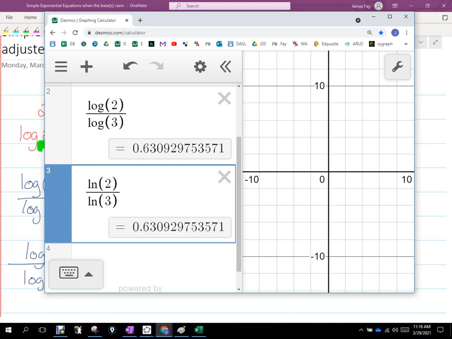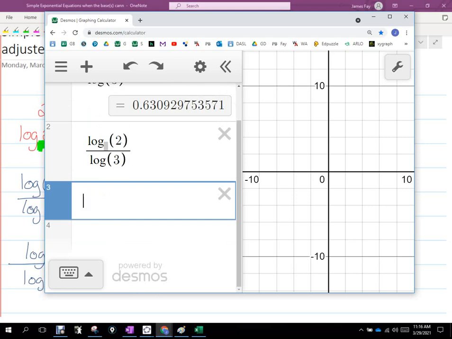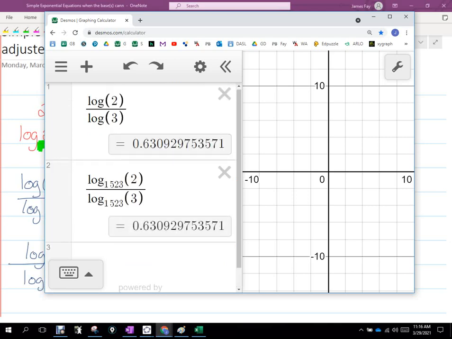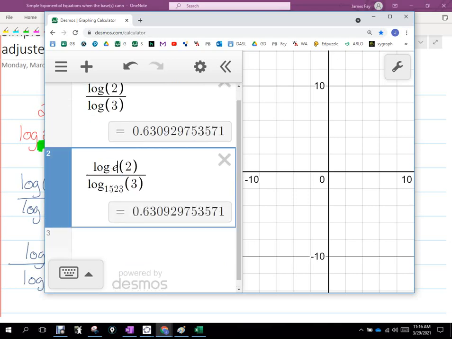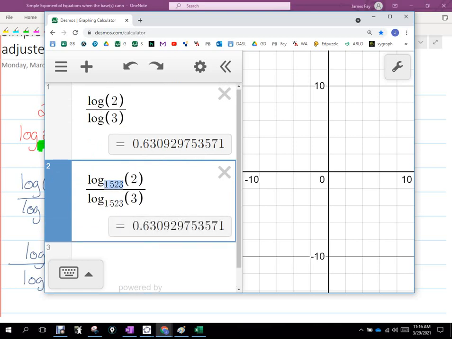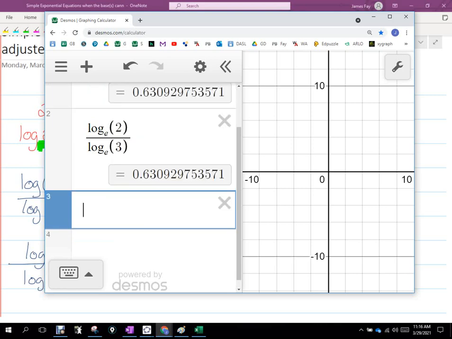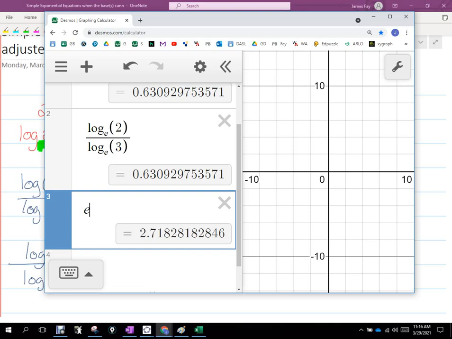Ln is base E. So ln is really putting E, the number E right there, and the number E right there. And remember, E is that value there. Okay? So the argument is, when we take the log, it does not matter.